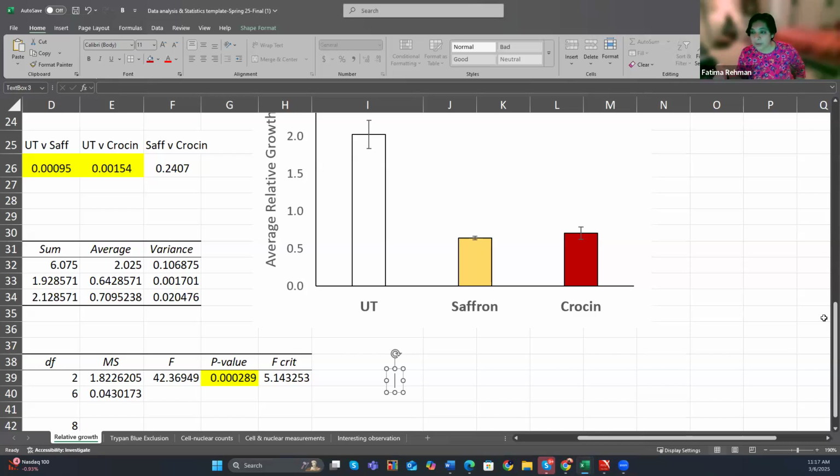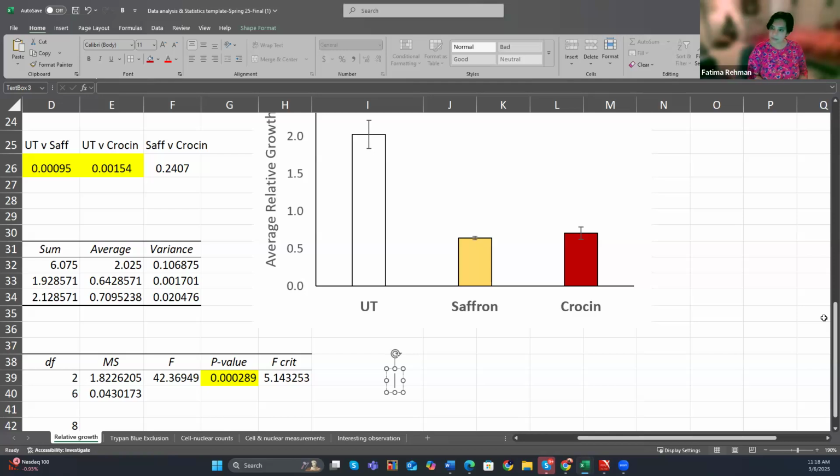Right now, we don't know if they reduce the replication rate or if they kill them. We just know that there are fewer cells. So they reduce the growth of the cells. And then the fact that we said saffron and crocin both worked similarly takes into account that our saffron versus crocin value was not significant when you look at the p-value.